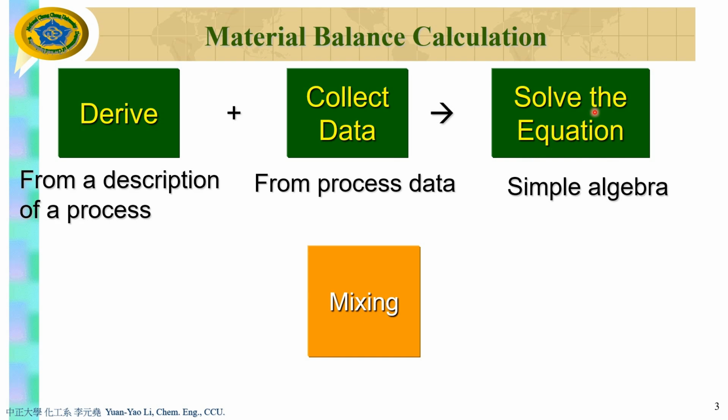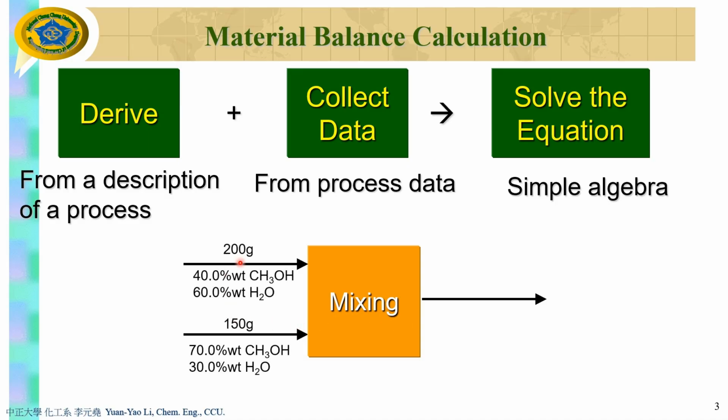So I want to give you this mixer as an example. Remember in the previous lecture on Monday, there are two streams going in. For example, you have 200 grams methane and 150 grams of methane, with different proportions of water, and then you mix them.